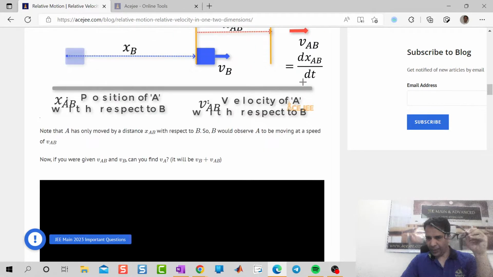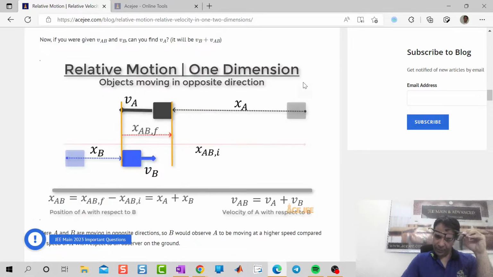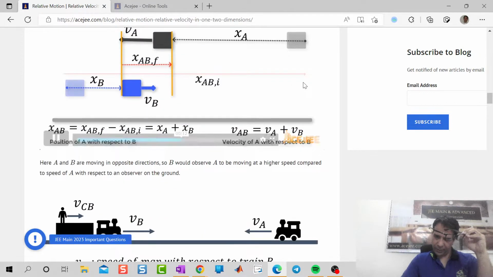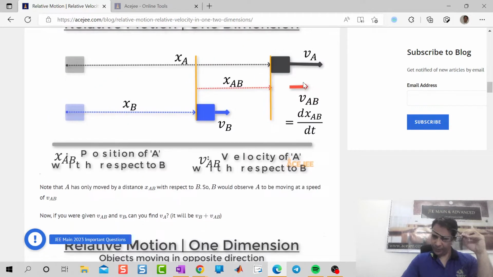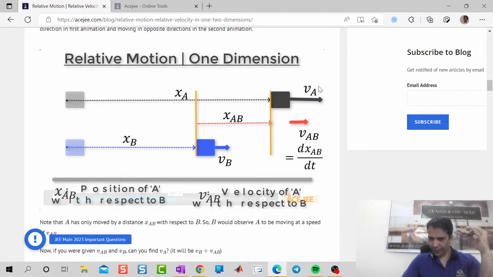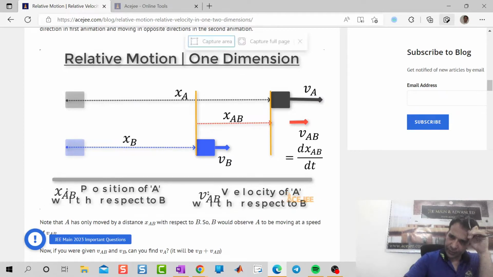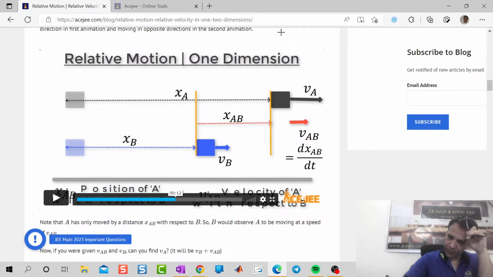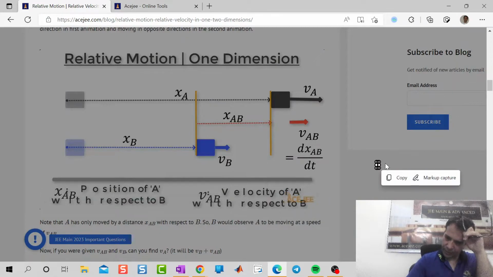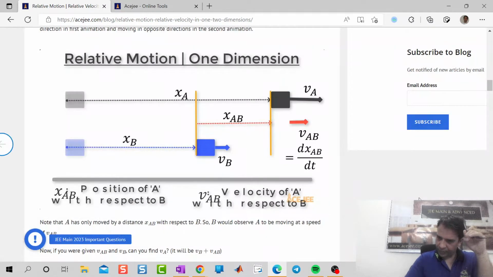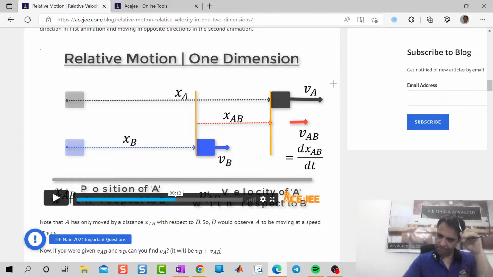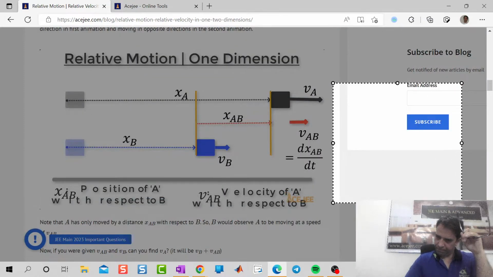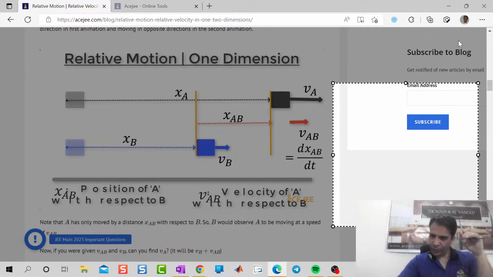I think this one will not work. I have no idea what's going on.